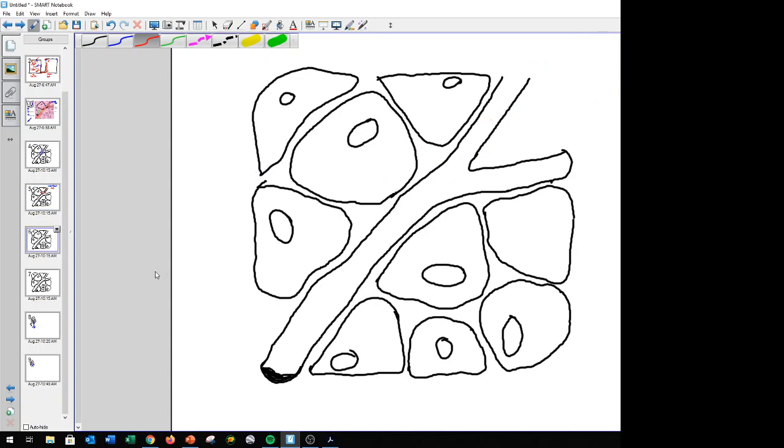Now we're going to talk about the colloid. Your colloid solution, what's it going to do for us? It contains molecules too large to pass out of the capillary membranes, therefore remaining in the vascular compartment.